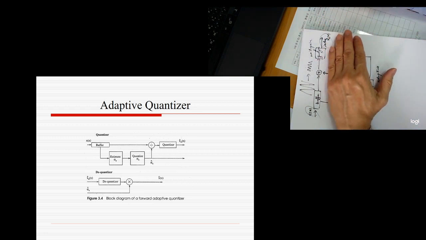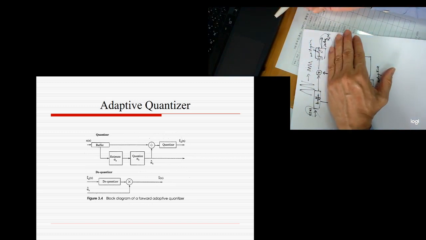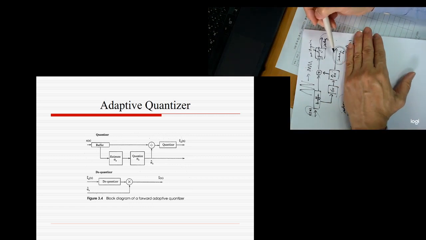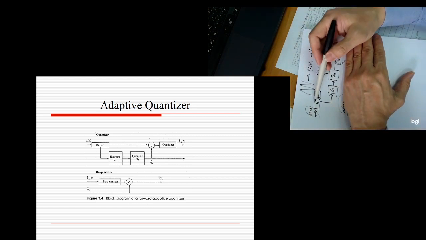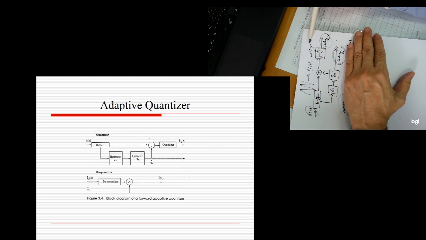In the previous presentation slides, we did not say we have to do the adaptation. We just said how to design a good quantizer based on your input data's probability density function. Here we consider adaptation. So we consider your input dynamic range, and then we scale your input data to unit gain, so we can design a unity gain quantizer and send it through the channel.